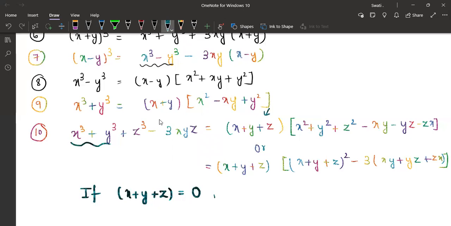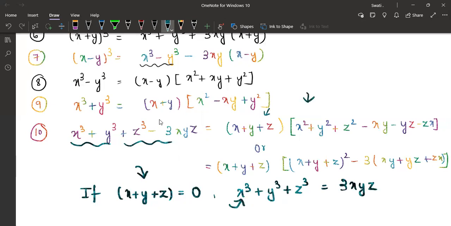That means this formula will be equal to 0, right? And if this formula equals 0, can we not write x cube plus y cube plus z cube, and shifting the minus 3xyz to the other side, it becomes just 3xyz. So remember that whenever you have this condition given, make sure you use this formula. You don't even have to look at it. So yes, this is the generalized form.